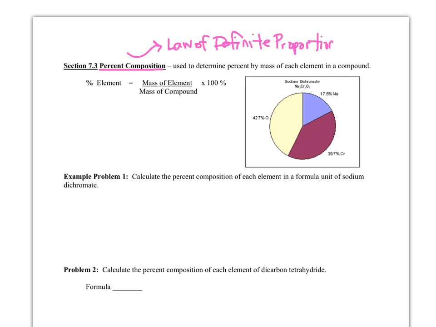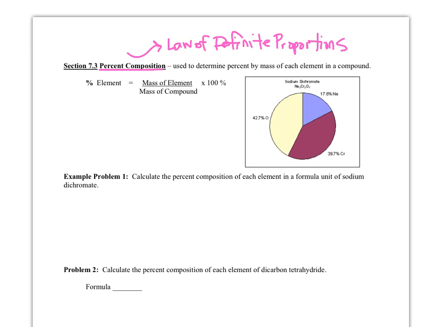All right, so when we're doing an experiment, we can identify a substance, a compound, based on its percent of each element within the compound, because that percent is based on a definite proportion of what we know those elements have to be, okay? So percent composition is really easy.